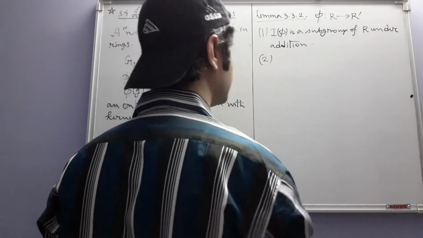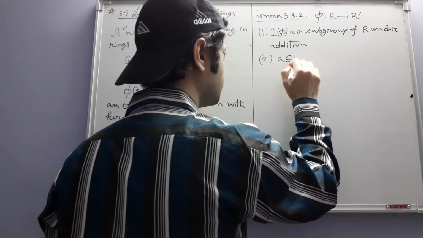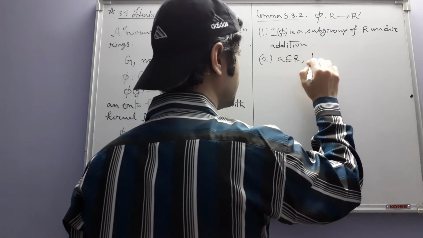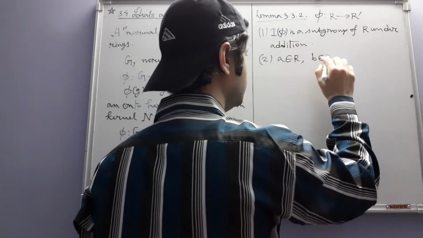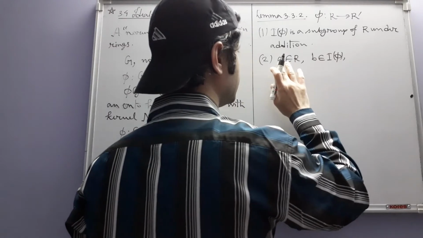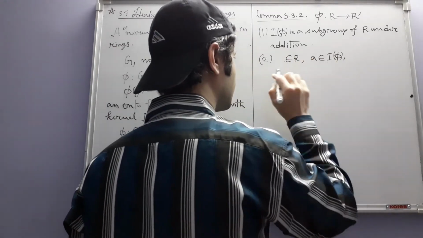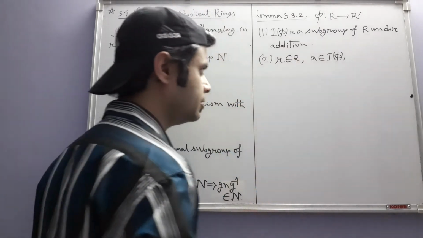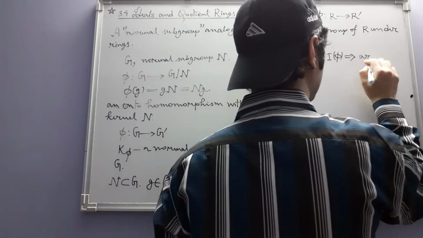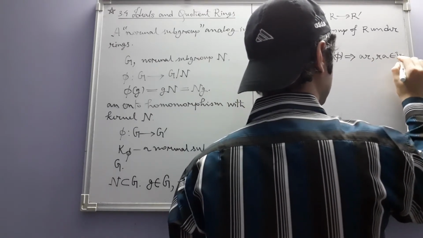And the second property says that if we choose any element A from the kernel and R from the ring, then both the elements AR and RA belong to the kernel.